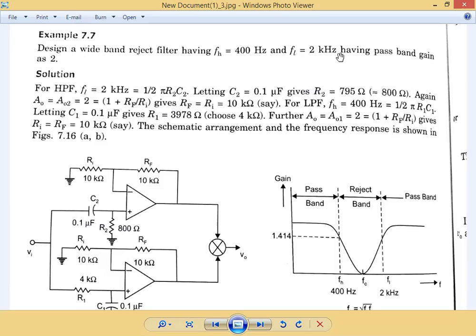As the pass band gain is given as 2, and the input is given to the non-inverting terminal, this is a non-inverting amplifier. We know the gain of a non-inverting amplifier is 1 plus RF by R1, where RF is the feedback resistance and R1 is the input resistance. So 2 is equal to 1 plus RF by R1.